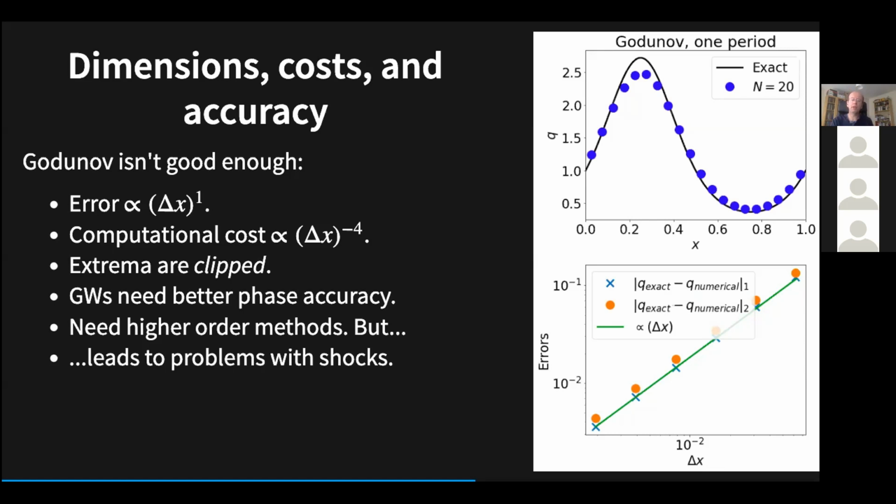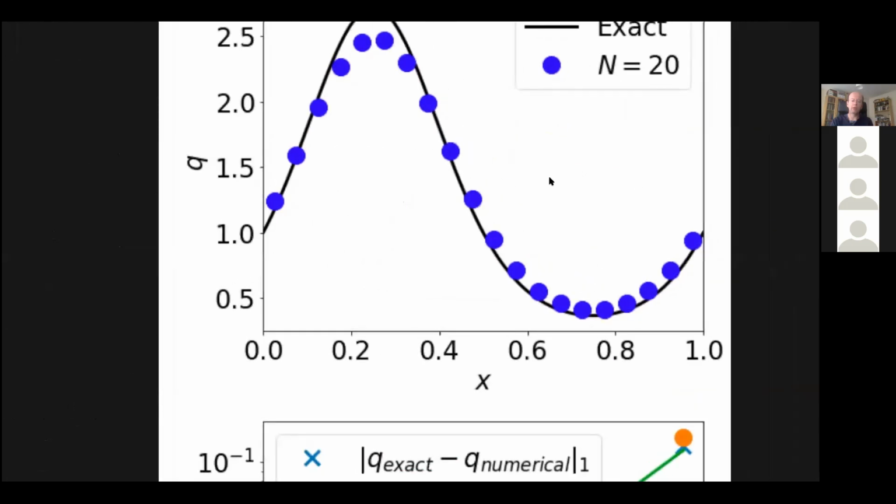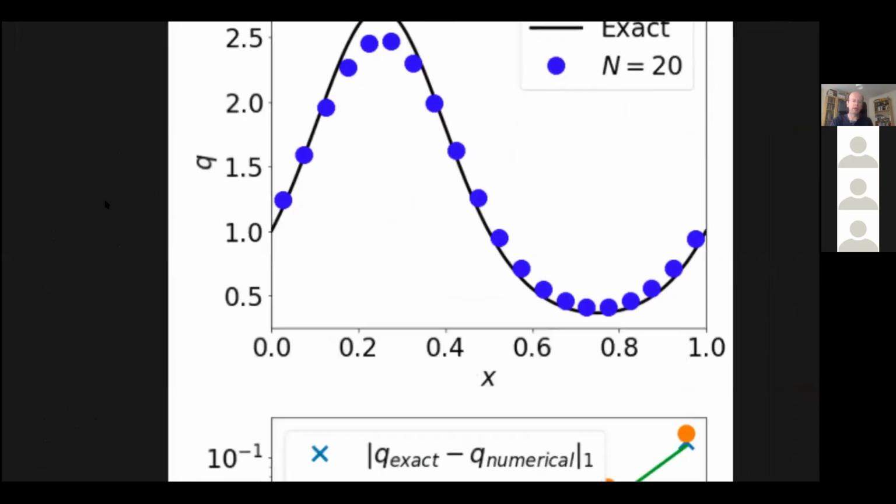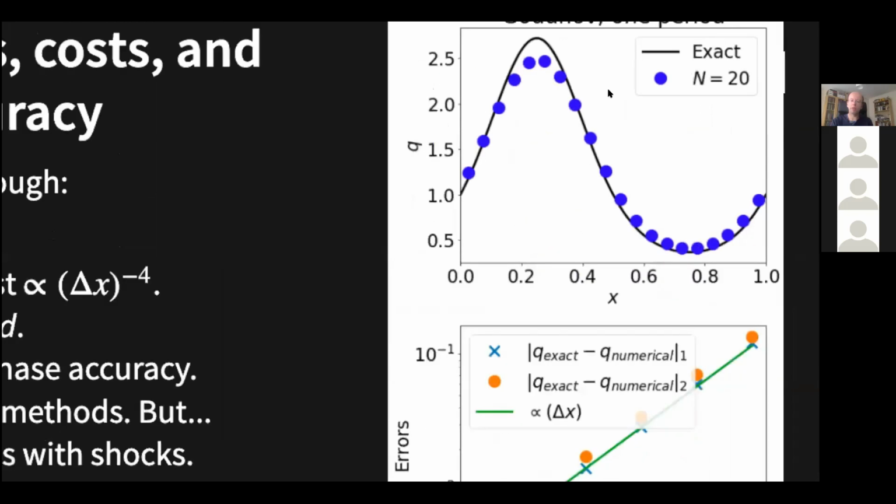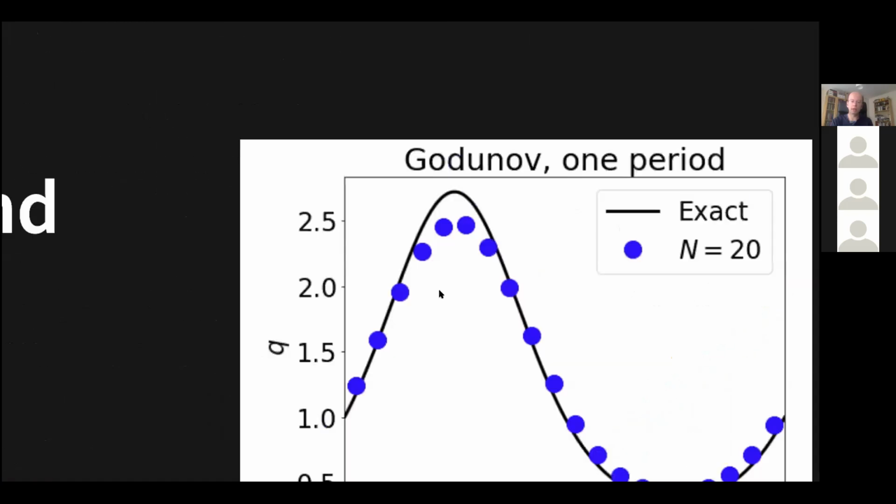So we can see this from the images on the right-hand side. This is an image I've taken from the exercises, and I haven't zoomed in quite the right place. Let me zoom in there. Still not right. Anyway, in this case, I've solved the advection equation, a simple linear equation, using smooth initial data given by the black line, and I've advected it once around the periodic domain.